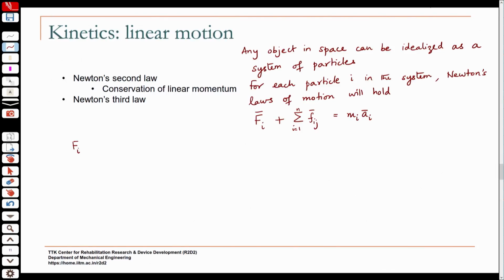where F I is the net force exerted on particle I by particles external to the system.